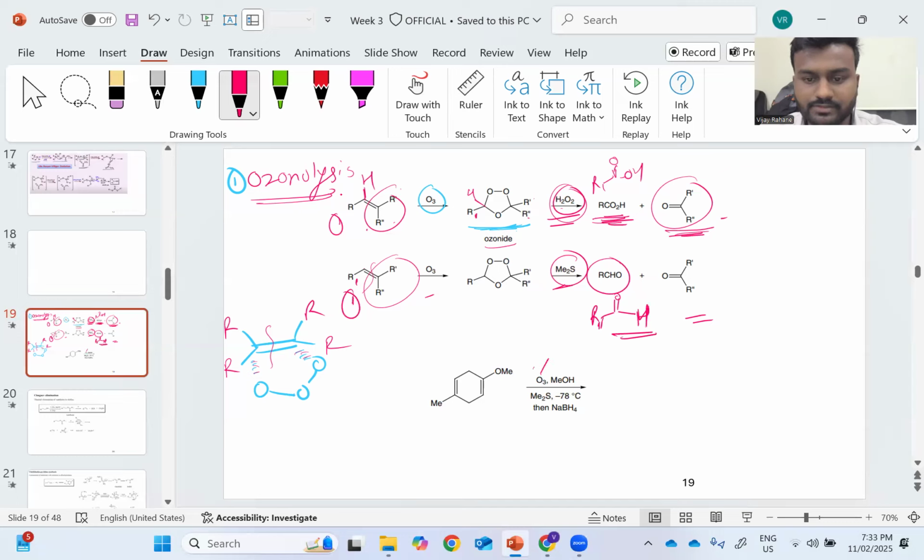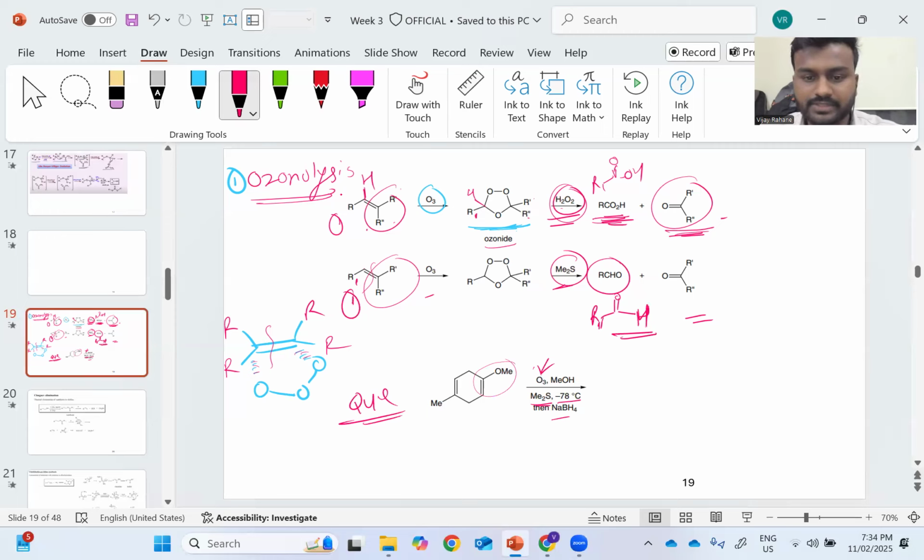So this is the question. We have given here O3 and methanol, and the next step is DMS at minus 78 degrees Celsius, where the ozonolysis occurs first. If you look at the structure, this is the ester which has the OMe group attached, and here is the olefin.